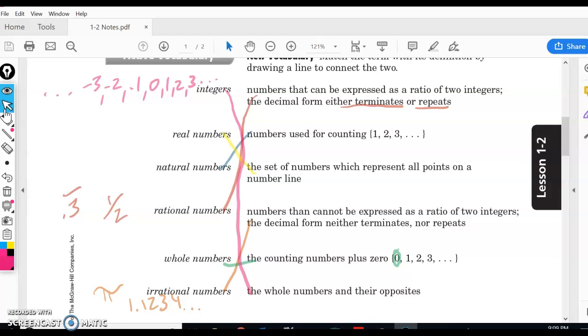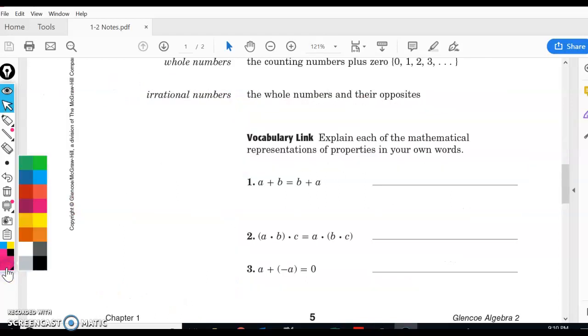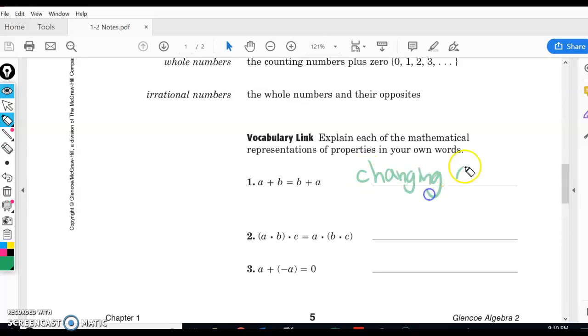And let's move on. What I'm going to do here is explain, kind of describe, not what the property is for 1, 2, and 3, but what mathematically makes it true. So for number 1, changing the order in an addition problem has no effect on the sum.